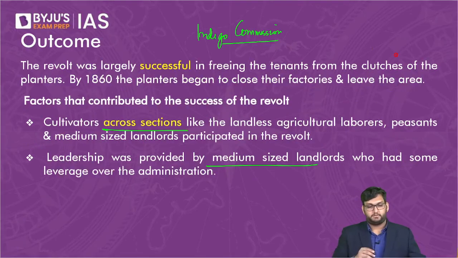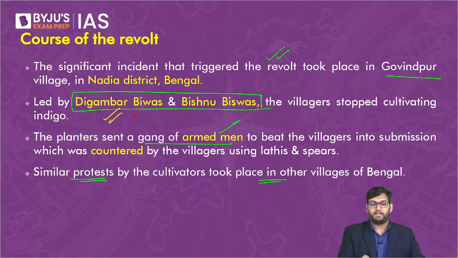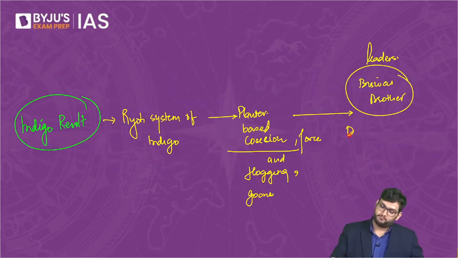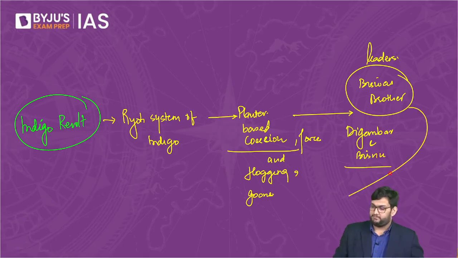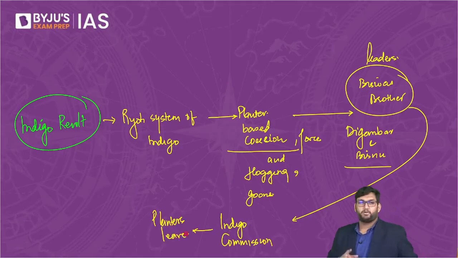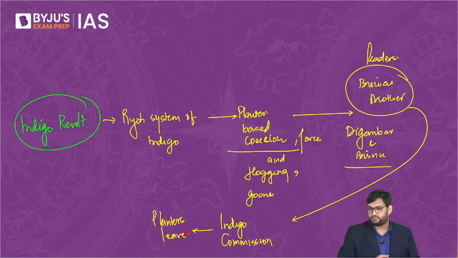You have Digambar and Vishnu Biswas. And the basic concept is Indigo Commission, planters leave. Clear, everybody? Indigo is the easiest because we've already been introduced to this concept. So it should not be a problem generally for understanding.